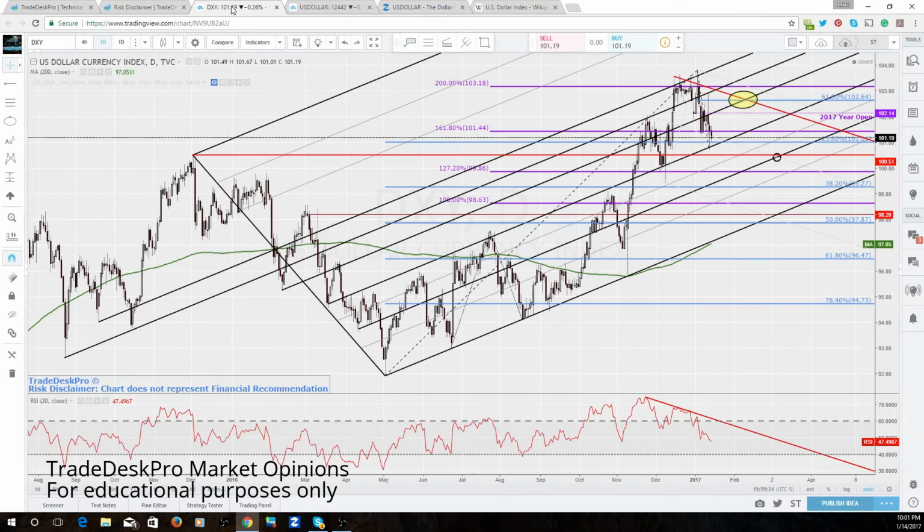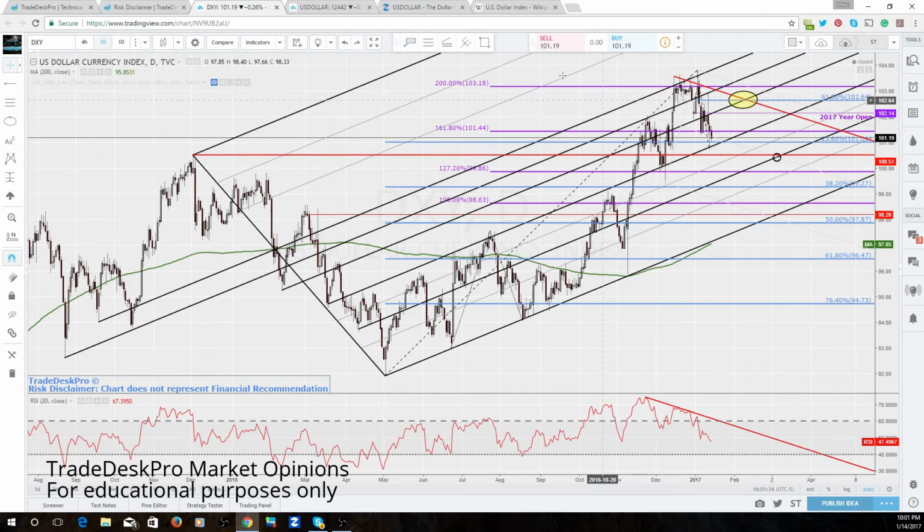Okay, let's look at the DXY. This chart, this pitchfork, has been phenomenal for the last 8-9 months. It has been so useful to have this fork here, because you can see the median line has been resistance, support, resistance. It's just a dream.